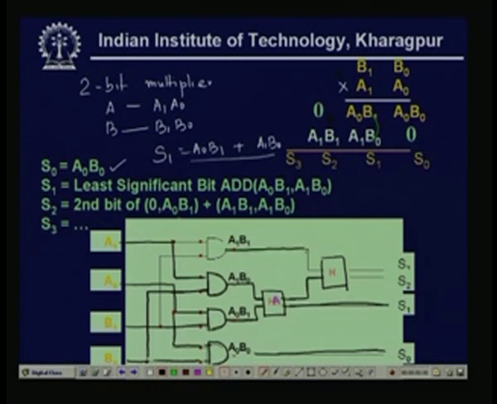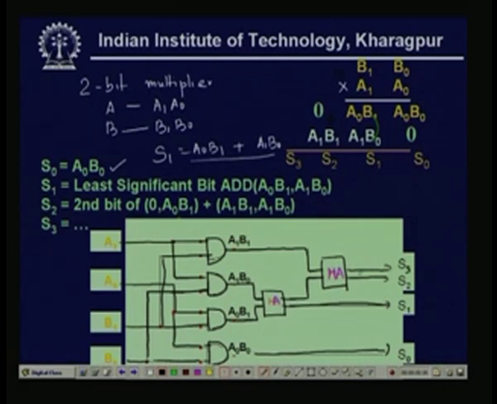A1 B1 is coming from a 2 input AND gate whose inputs are obviously A1 and B1. And this sum is S2, and if there is one carry, then that is my S3. So, the product S0, S1, S2, S3 we are getting from here.